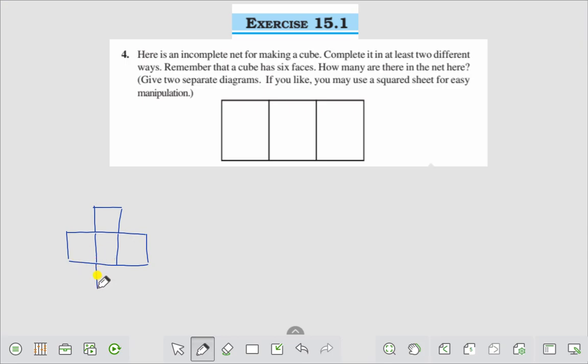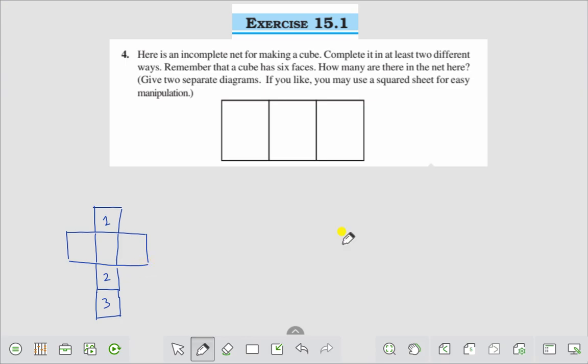One face here and again one face here. In this way you can make a cube. You fold this one, fold this one, fold this one, you can fold this one also to make a cube, right? That means you have to add number 1, number 2 and number 3 to make a cube.